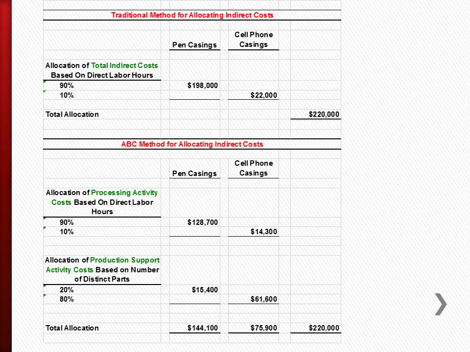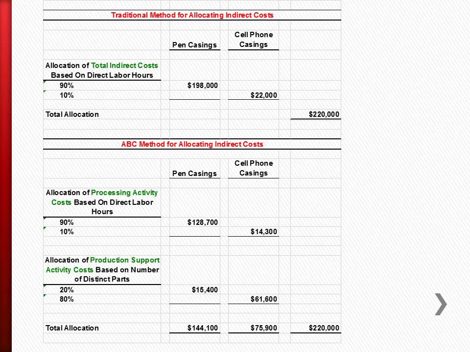All right, here's my summary comparing the traditional method for allocating indirect costs to the ABC method. Just real quickly, under the traditional method, we assign 90% of the indirect cost, or $198,000, to pen casing, and only 10%, or $22,000, to cell phone casings.